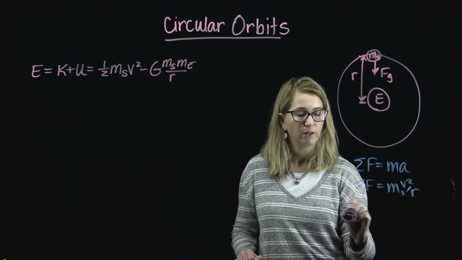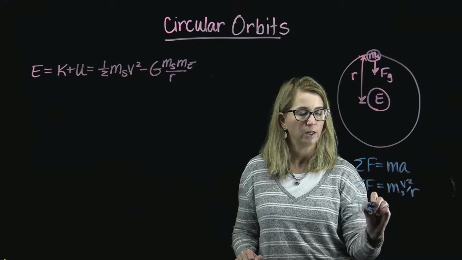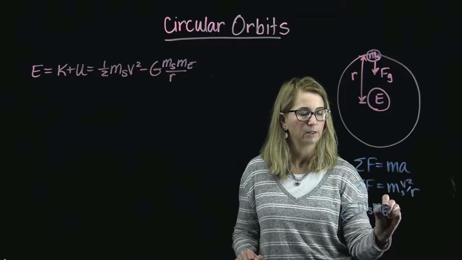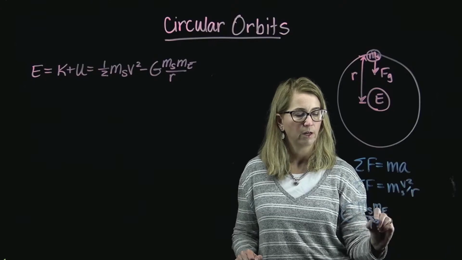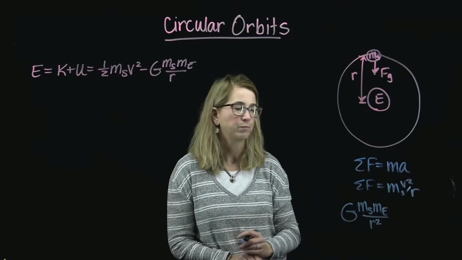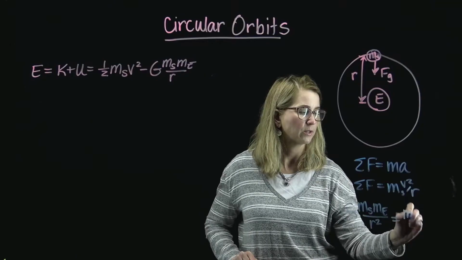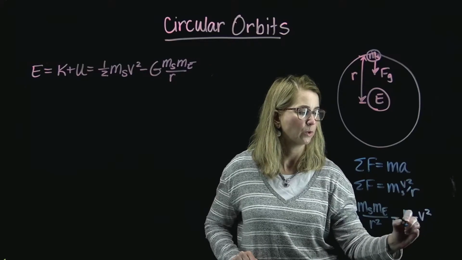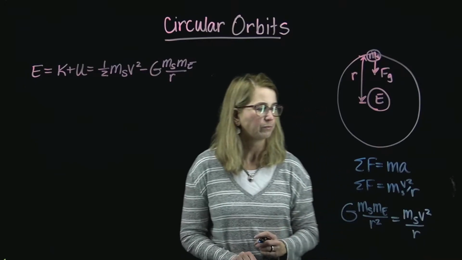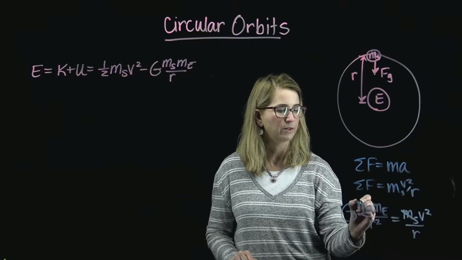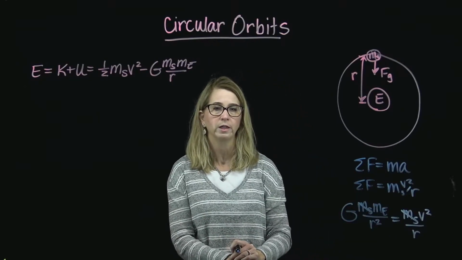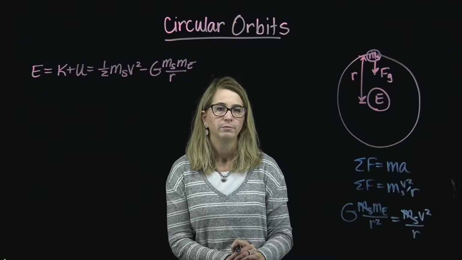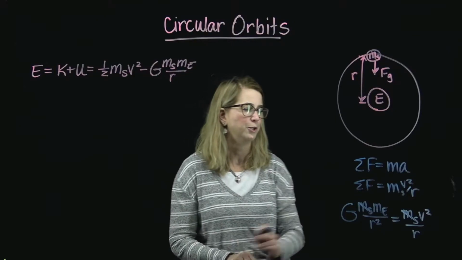So the force of gravity between the two is big G times the mass of the satellite times the mass of the Earth divided by the radius of the path squared, and that's equal to the mass of the satellite times v squared over r. Now, we notice that the mass of the satellite is on both sides, and we can get rid of it, except that I didn't want to do that.